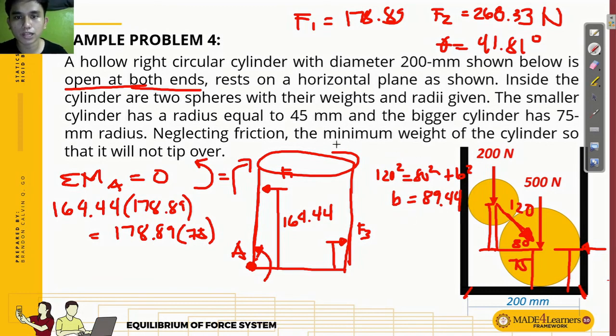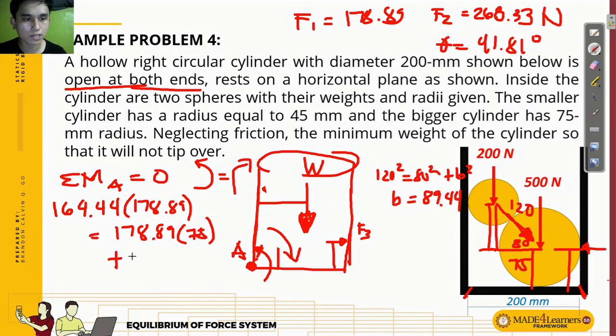Mao siya ang gipangutana, find the minimum weight of the cylinder. So, of course, kung i-solve ta yung weight sa cylinder, yung center of gravity is naa sa middle part, no? Center din siya. So, naa yung W. Siya yung balance pod, no? Additional, di ba? Clockwise for W. Okay? Para sa moment at A. So, naa tay distance and then naa tay weight.